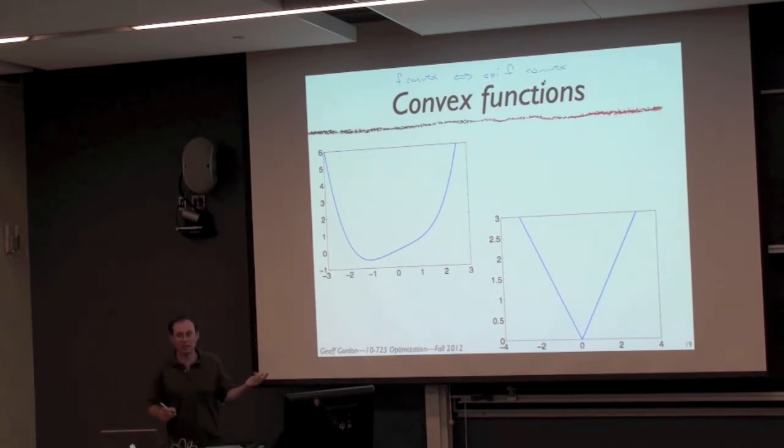So both of these sets here are convex. Both of these functions here are convex, right? So I take this epigraph here, that's a convex set, and this epigraph here, that's a convex set.